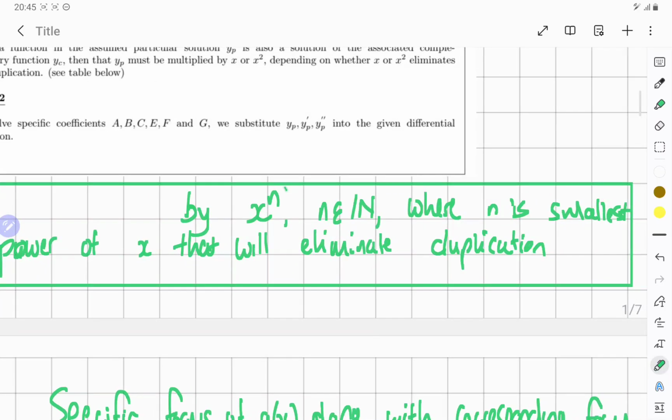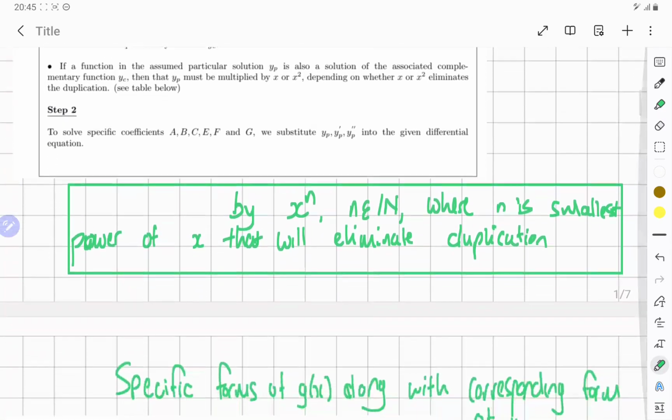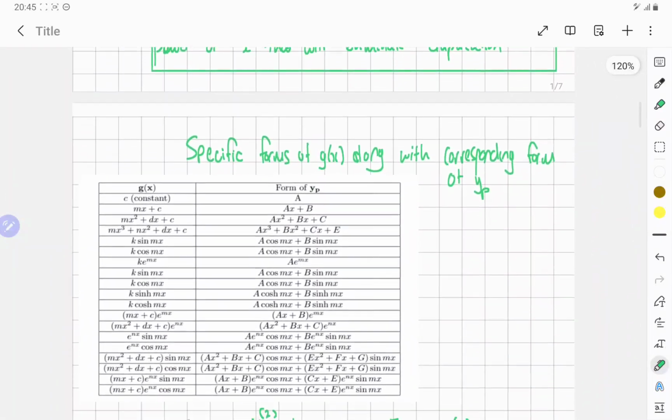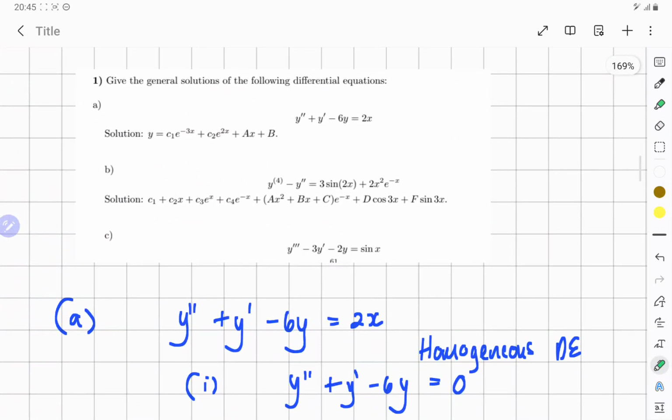Now what is power n? N is the smallest power of x that will eliminate duplication. Now, that is a mouthful. Let me explain it with this example.